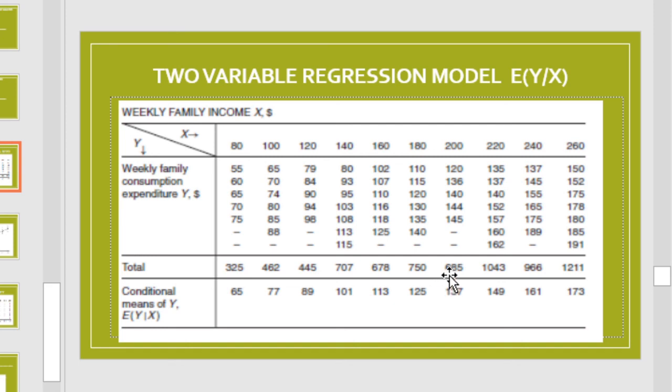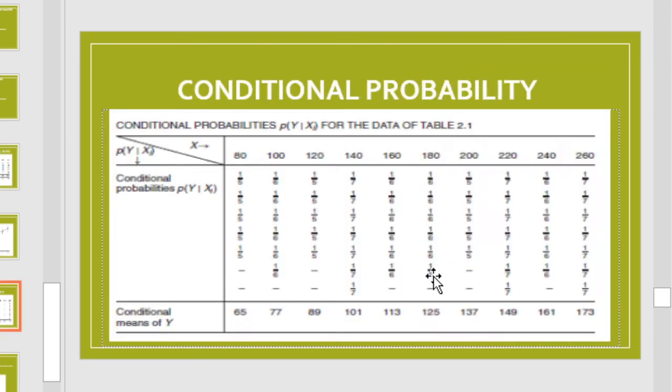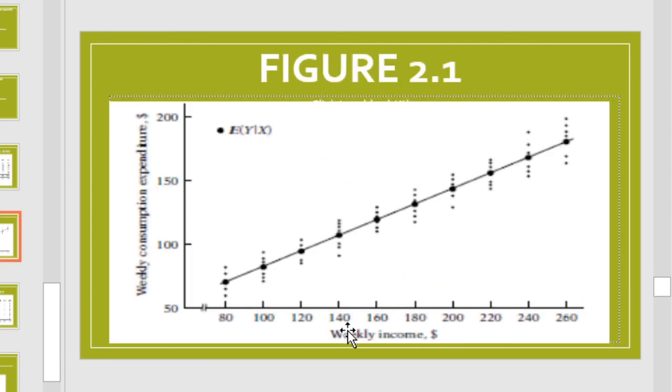But in regression analysis, we usually calculate the conditional mean value for a given xi, and the conditional probabilities are shown in this table as equal probabilities, and the diagrammatic representation of the given table is like this.